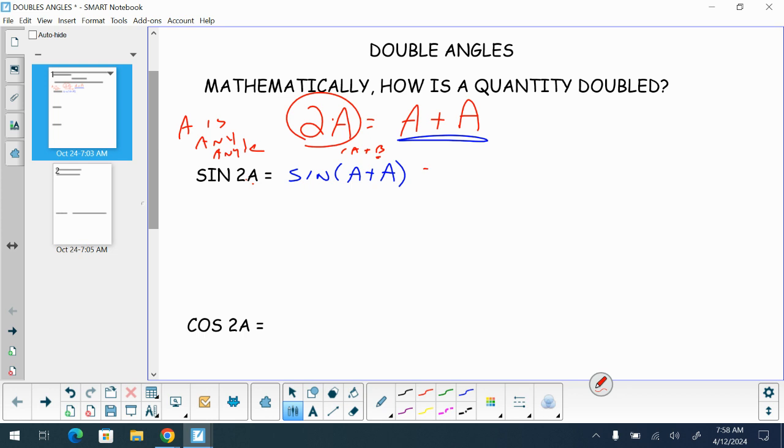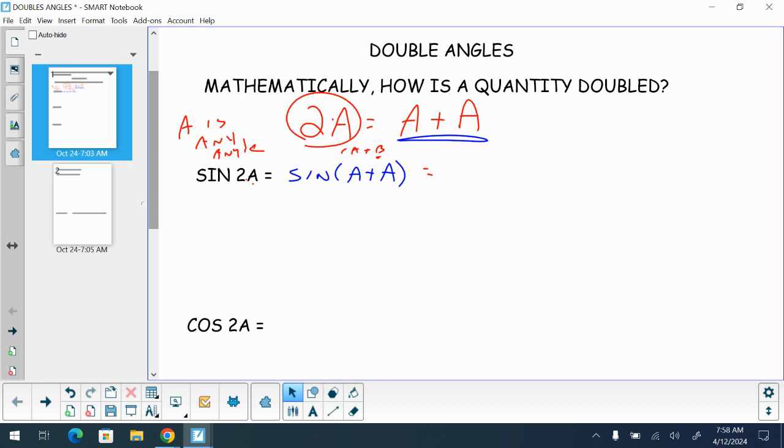So expand that out. Write out, expand out the sine of A plus A using sines and cosines, and now you're only using A's. You're not using B's. You're just using A's.